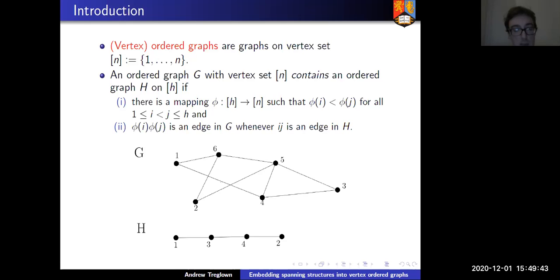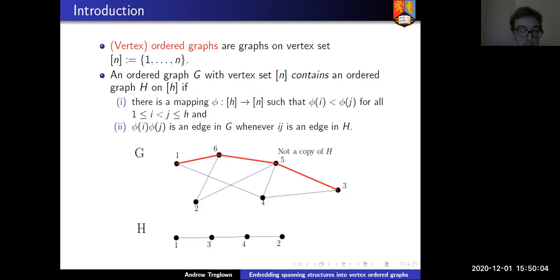If we look at G now, and at this red path of length 3, that's not a copy of H. Why is that? It is a path of length 3, but if you try to map H onto the red vertices, you're mapping 1 to 1, which is good.